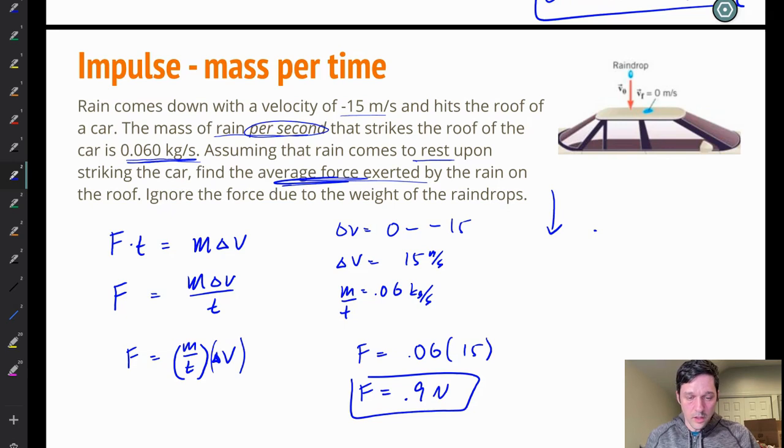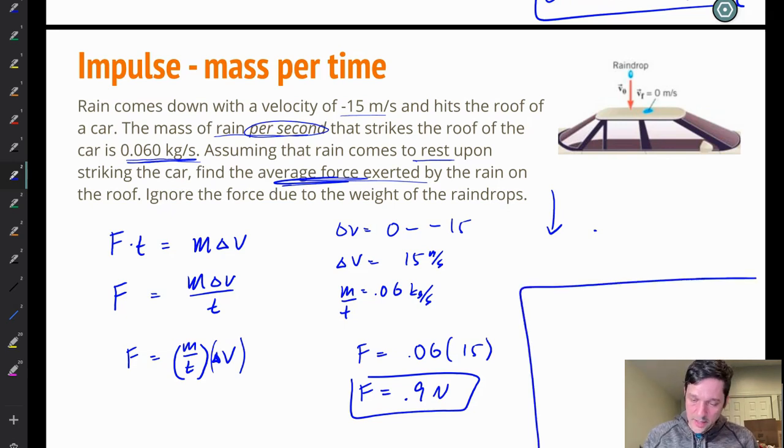And so there we go. To summarize, we've got some big ideas. The impulse is simply the change in momentum, which is also equivalent to force times time.